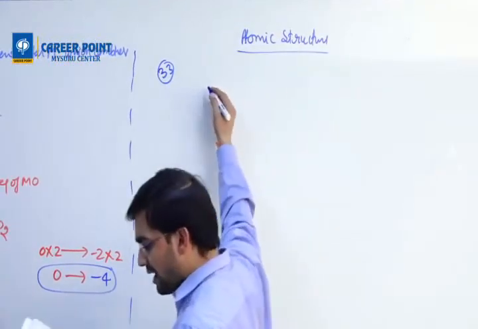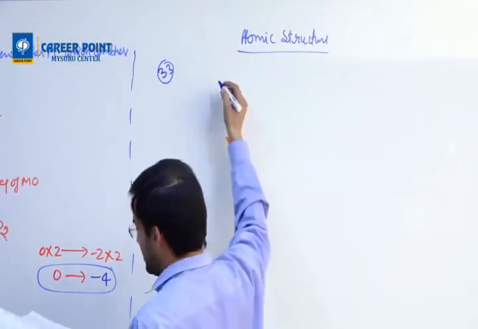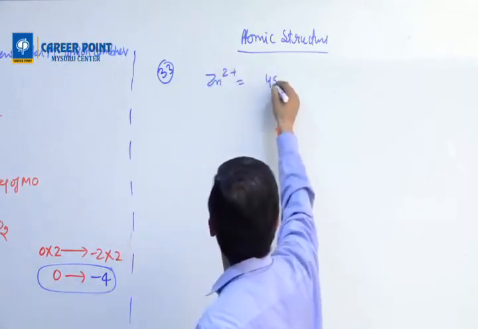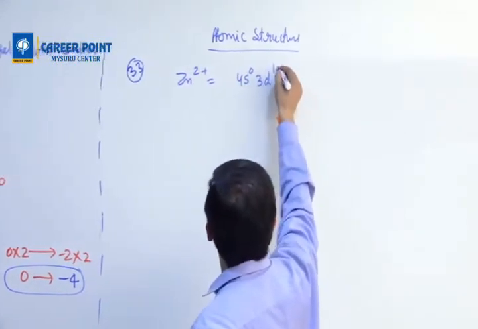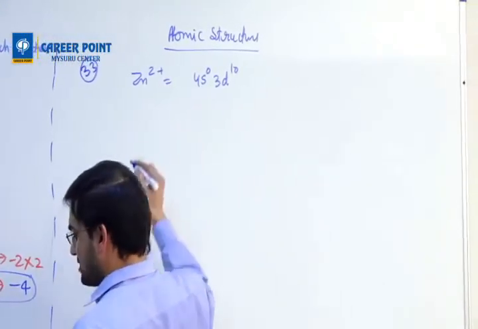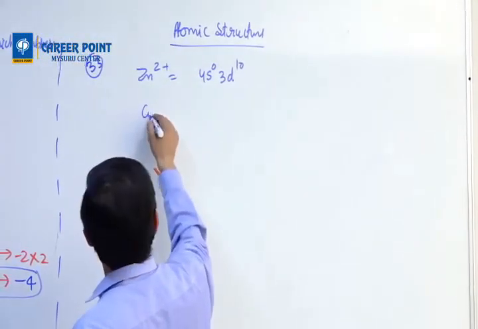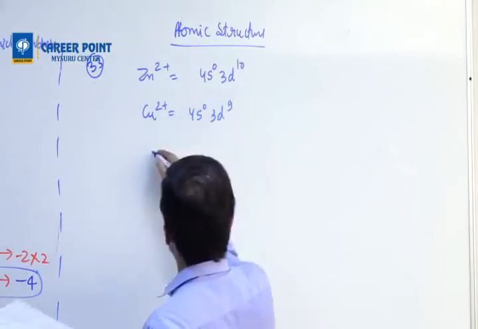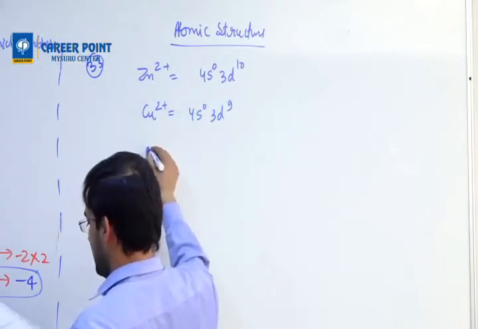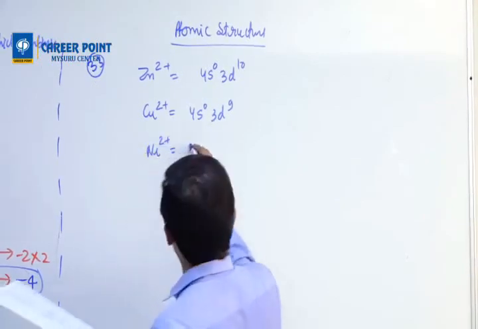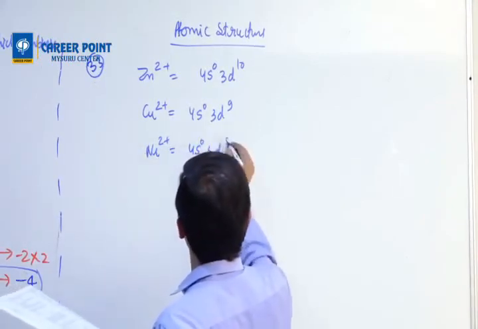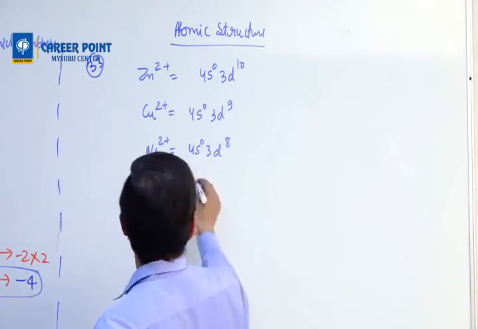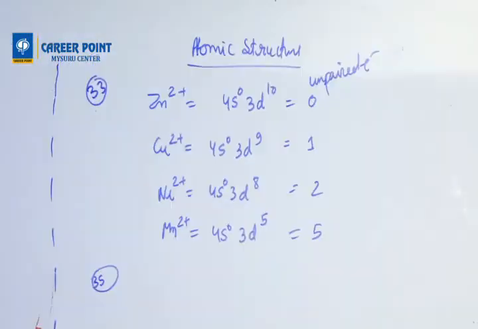Zn2+ you will be writing 4s0 3d10. The other options: Cu2+ you will be writing 4s0 3d9. Then in Ni2+ you will be writing 4s0 3d8. Then in case of Mn2+ you will be writing 4s0 3d5, and the maximum unpaired electrons come there.